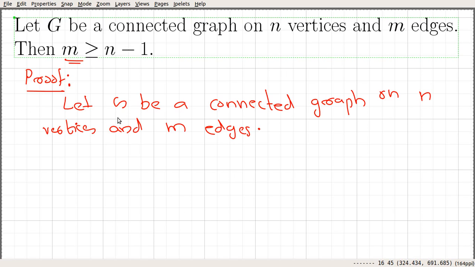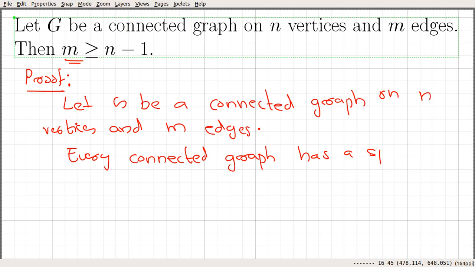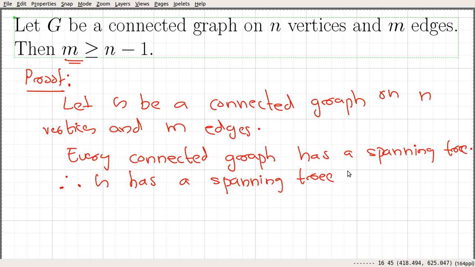By the previous theorem, we know every connected graph has a spanning tree. So therefore this graph G, which is a connected one, has a spanning tree. And let's call that tree T.